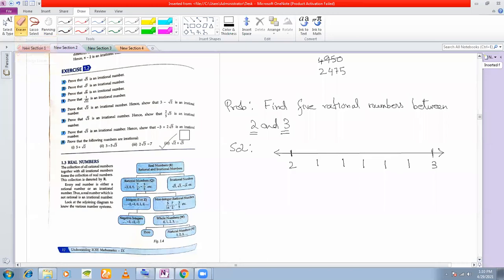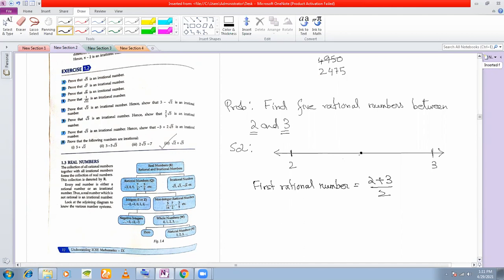So how do you insert? For the first rational number, you take the middle part of 2 and 3. What you do is you add up 2 and 3 and divide it by 2. Why divide it by 2?